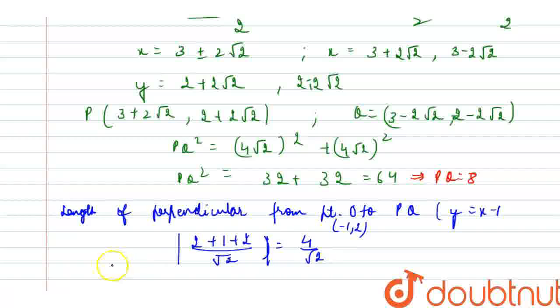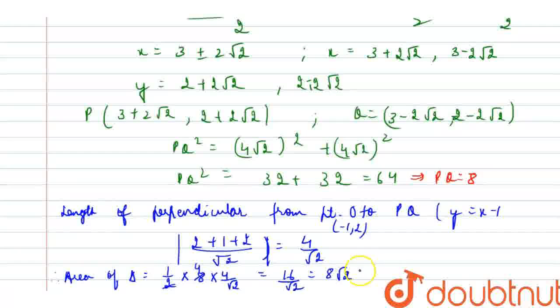Therefore, the area of the triangle would be equal to half into base. Base is PQ, that is 8, and height is 4 upon root 2. So it comes out to be 16 upon root 2, which means 8 root 2.